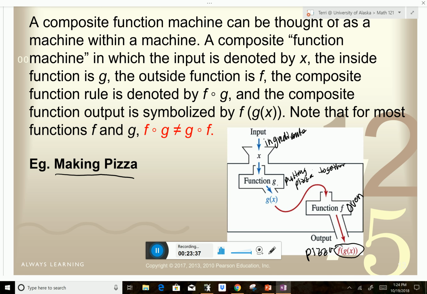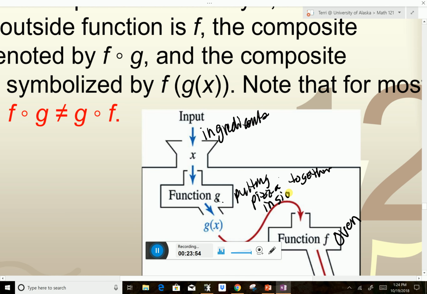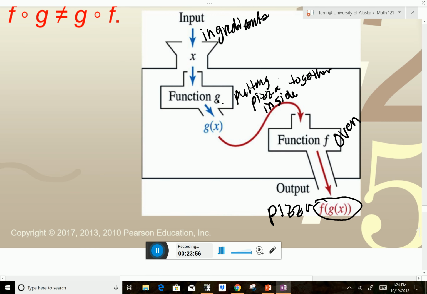Now, that's the outside function and the inside function, right? Well, the other way around. This is actually the function we have to do first. So this is the inside function. This first one is the one we do first. And then we have to put it in the oven. That's the outside function. We can't do it the other way. Does it work the other way?